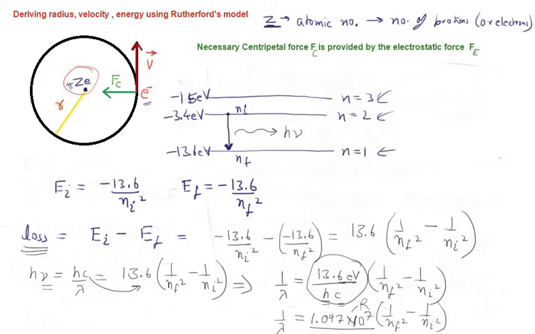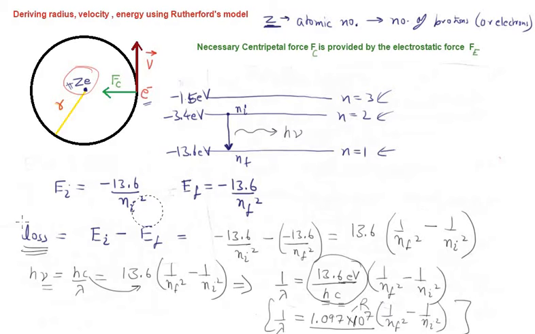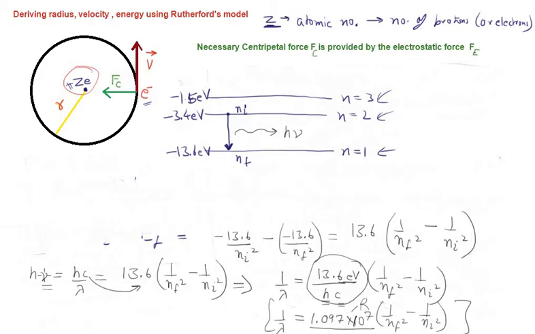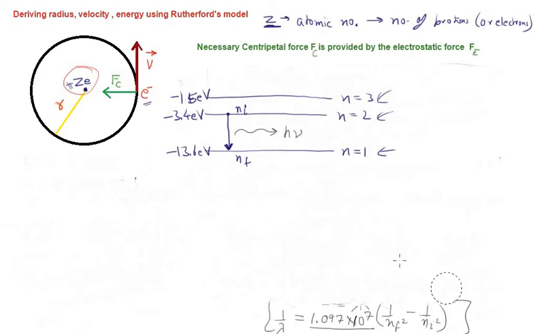So let's now quickly summarize what this formula means. You can note it down by pausing the video now. Okay, so we have this formula. And it says that 1 by lambda is equal to Rydberg constant times 1 by nf square, final orbit square, minus 1 by ni square, initial orbit square.